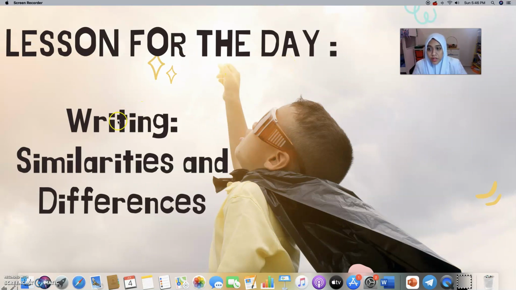We are going to focus on the skill of writing and we are going to write about similarities and differences. Similarities means persamaan, differences means perbezaan.